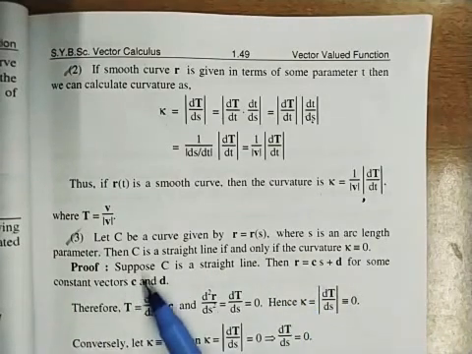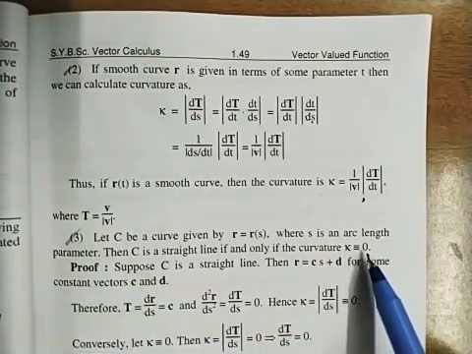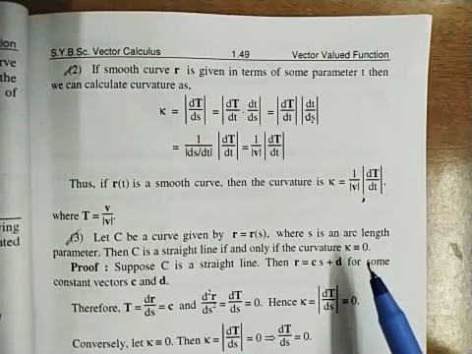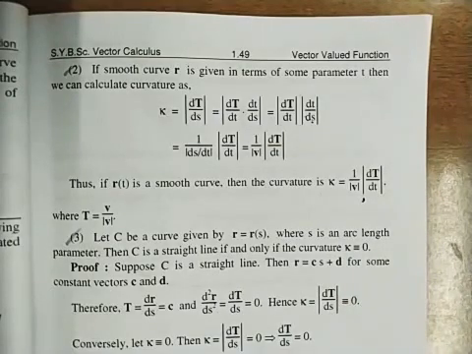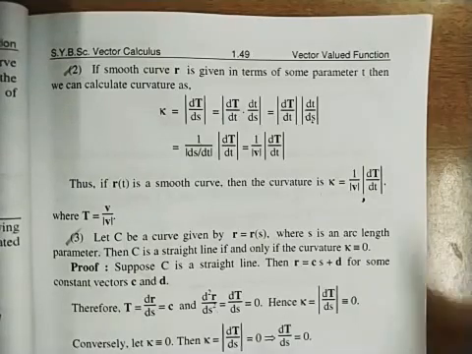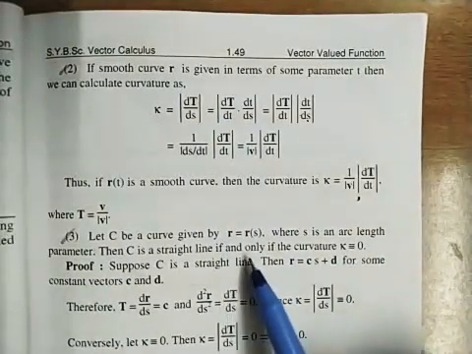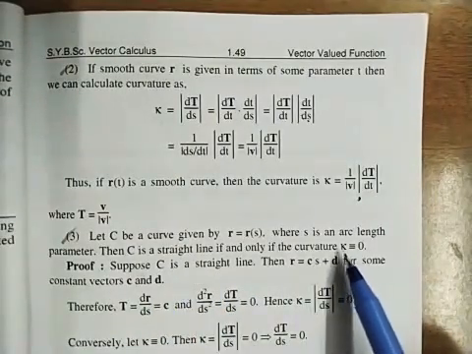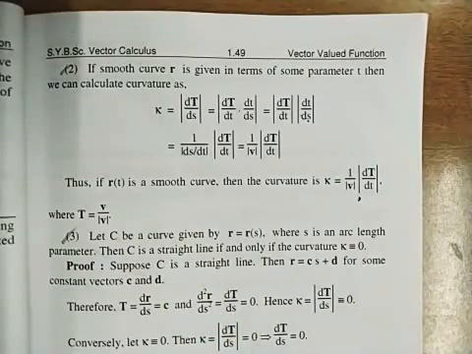Curvature is 0 means the rate of change of unit tangent vector is 0, so there is no turn. You can think that the curve must be a straight line as curvature is 0. It is an if and only if condition. If C is a straight line, then curvature is 0. If curvature is 0, then C should be a straight line.